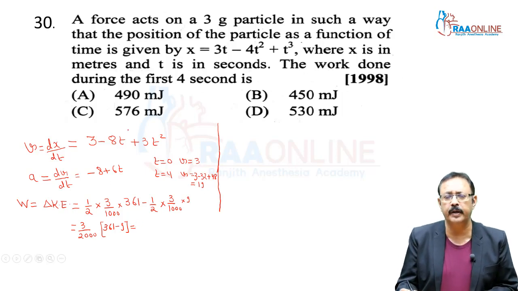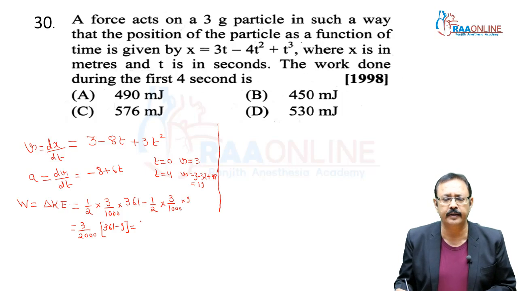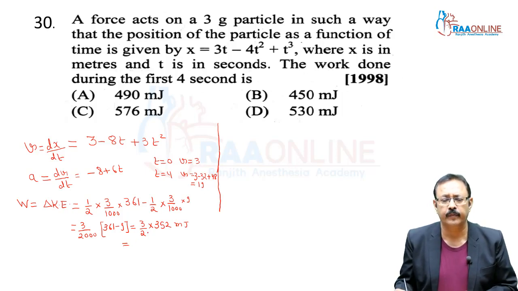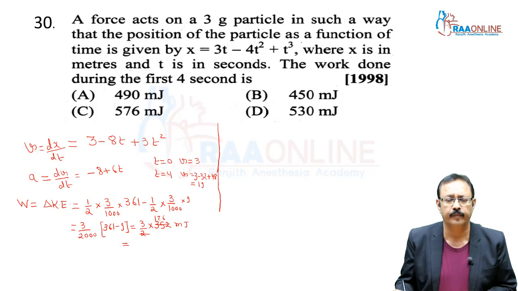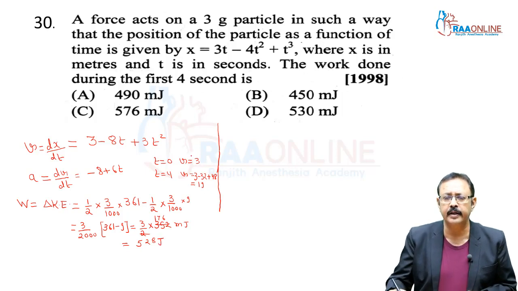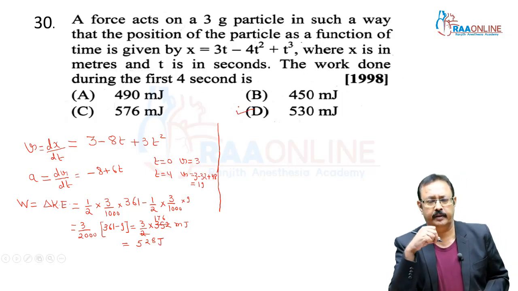For 1000 we will use milli. So we write 3 by 2 into 361 minus 9, 352 millijoule. We are getting 528 millijoule. So the nearest answer is D, so we are going with D.